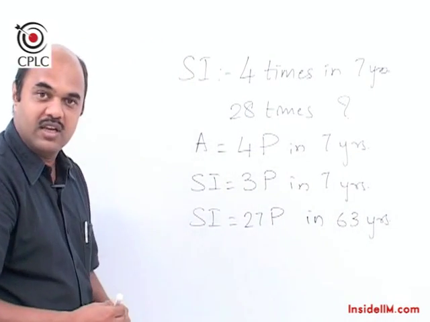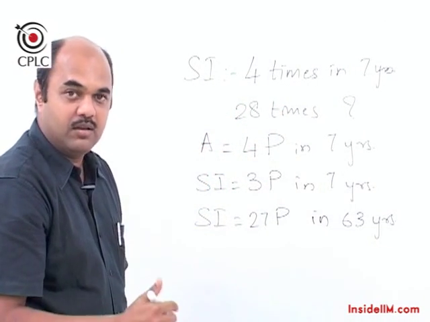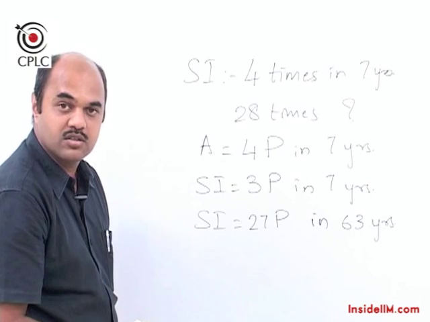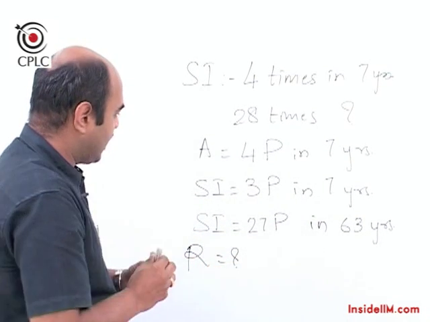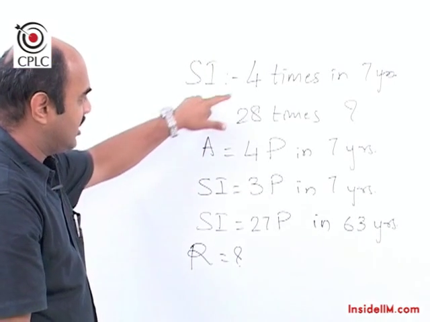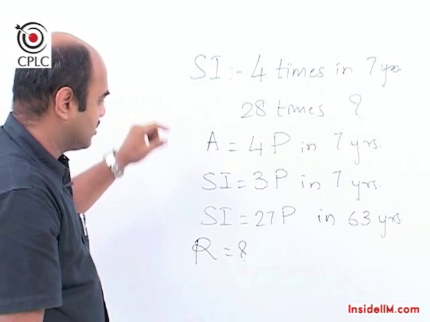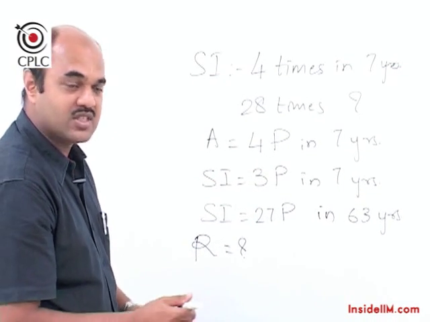Now this is one way the question can be asked. Another question that can be asked is, in such a situation where a sum of money becomes 4 times in 7 years, how much is the rate of interest? We would again go back to the statement that if the sum of money has become 4 times in 7 years, then the simple interest has become 3 times the principal in 7 years.